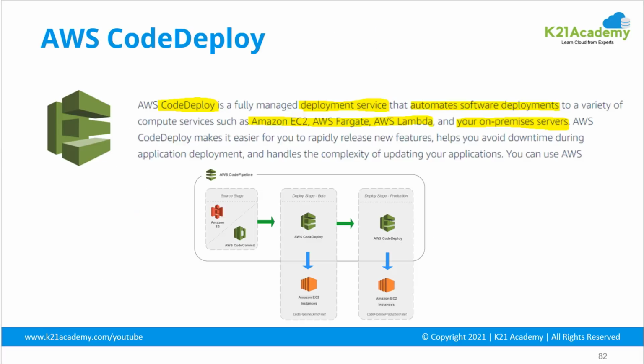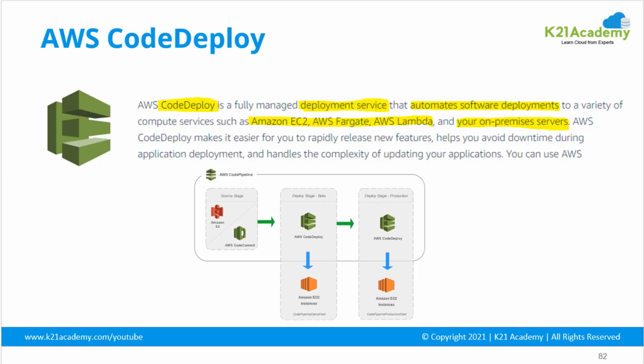Once you have generated the artifact, you need to deploy it on the server. CodeDeploy is a fully managed deployment service that automates your software deployment. That deployment could be a Java-based application, a .NET-based application, an image that can run on containers, and so on.